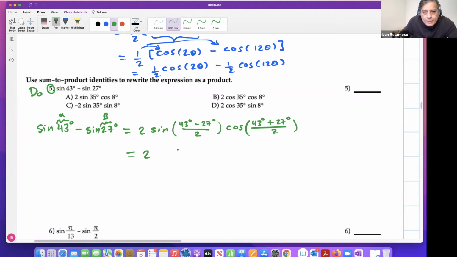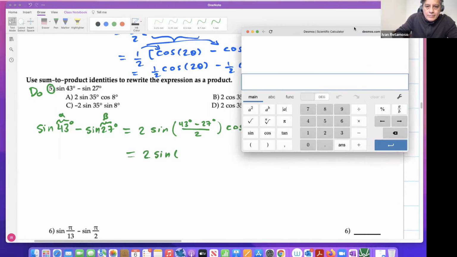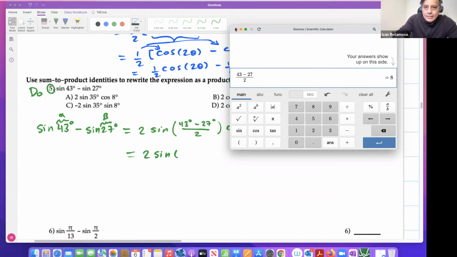Twice 43 minus 27 divided by 2. Let's figure this out in our calculator. 43 minus 27, like this, divided by 2, 8, right? 8.